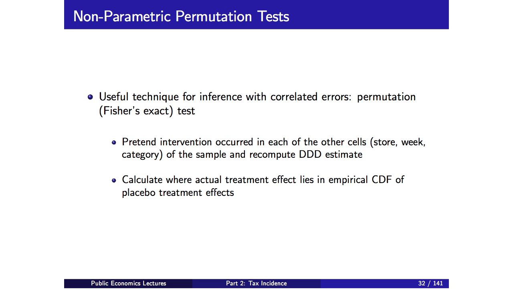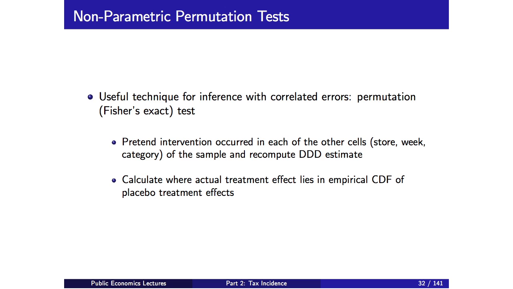For each of those cells, I can recompute the DDD estimate or the DD estimate, whichever you like. So basically, rerun your entire analysis on all the other cells of your data, okay? Then you simply calculate where your actual treatment effect lies in the empirical CDF of the placebo treatment effects.